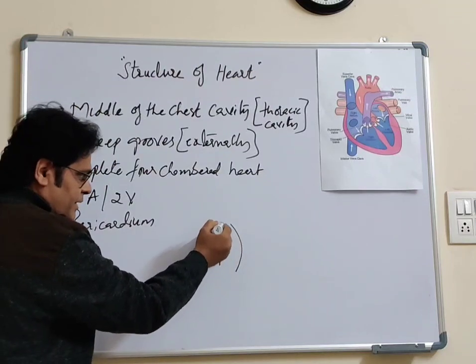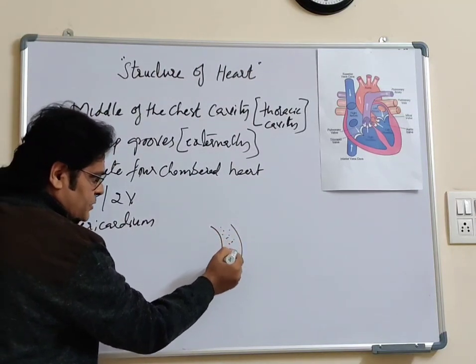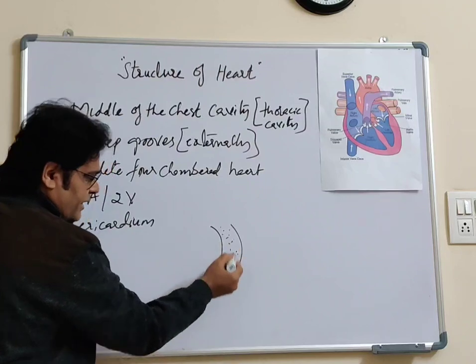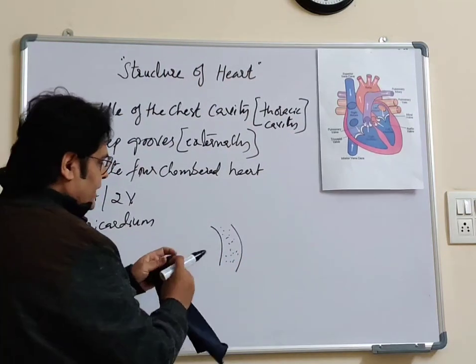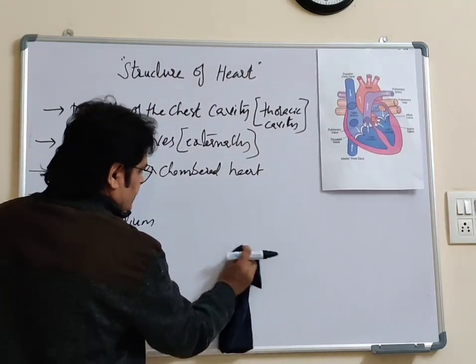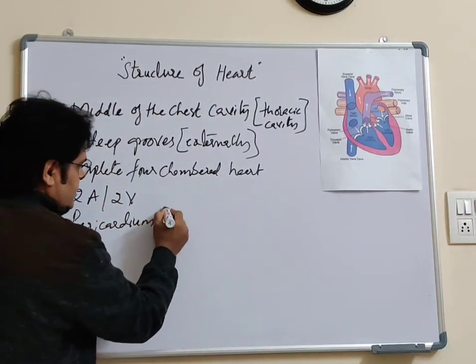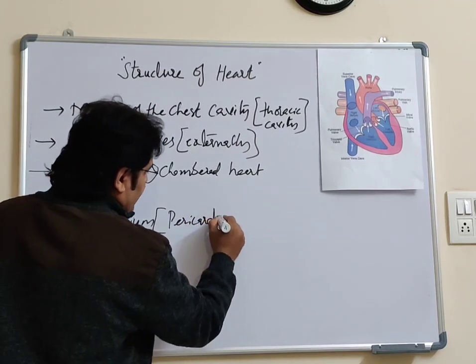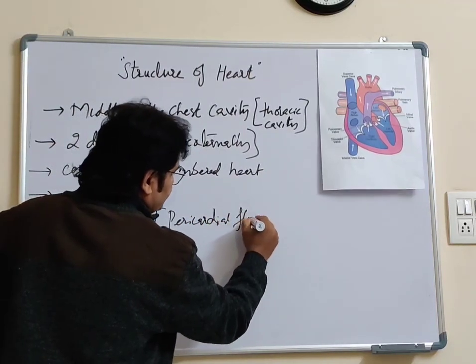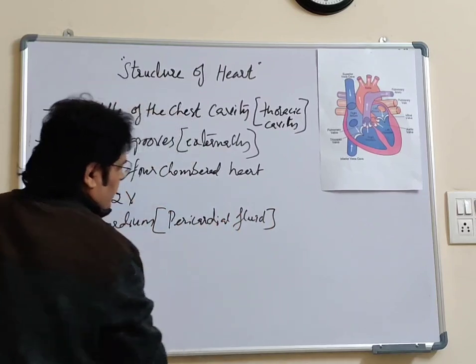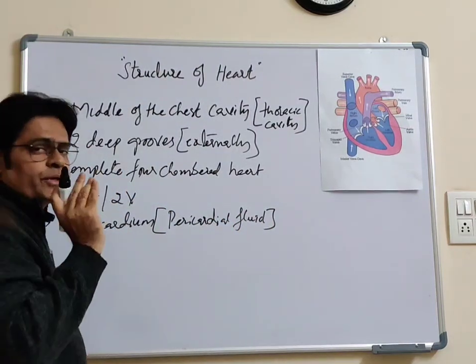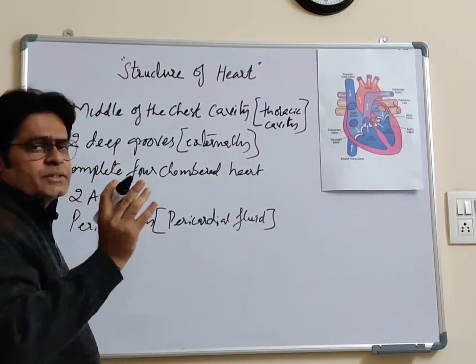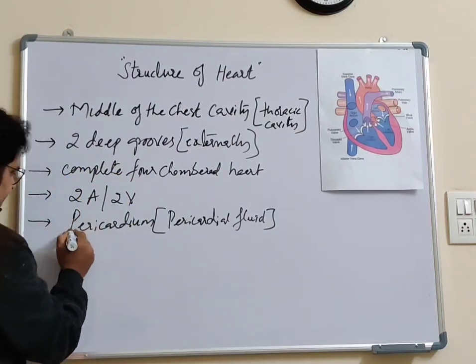This double layer membrane consists of a fluid between the layers, and that fluid is called pericardial fluid. What is the work of this pericardial fluid? It protects the heart from physical injuries and shocks. This is one layer.